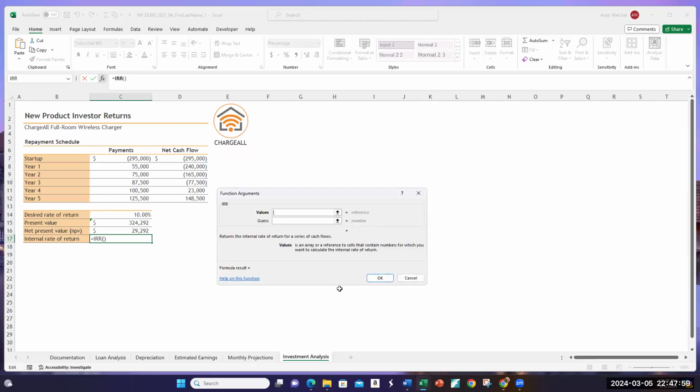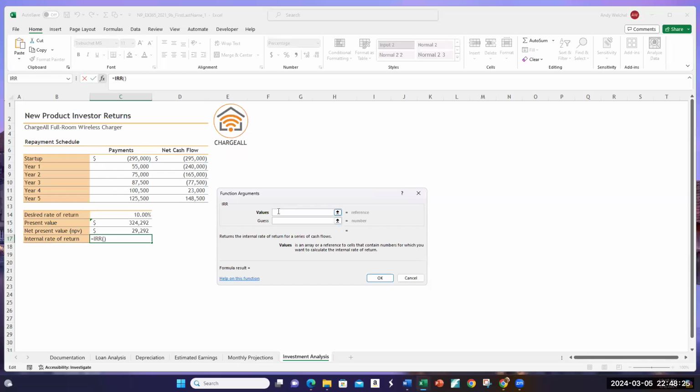What this means is they are loaning us 295, or they are investing 295 into us. They're getting back 324,292. So what is the interest rate they're getting? That's basically what this is saying. What is the interest rate they're getting?